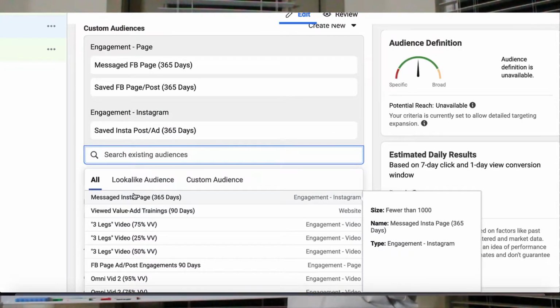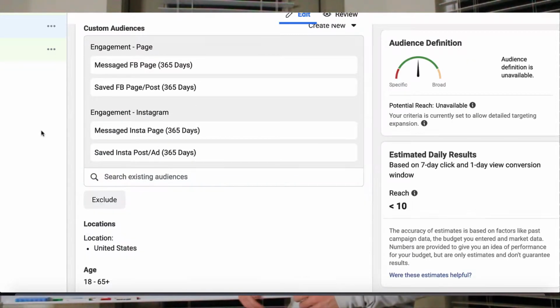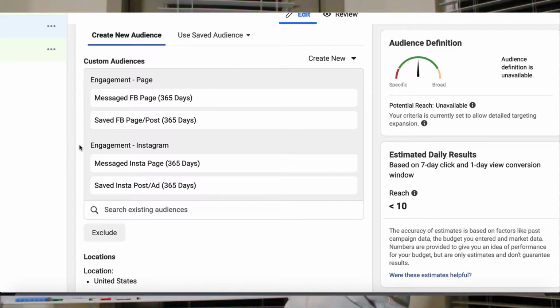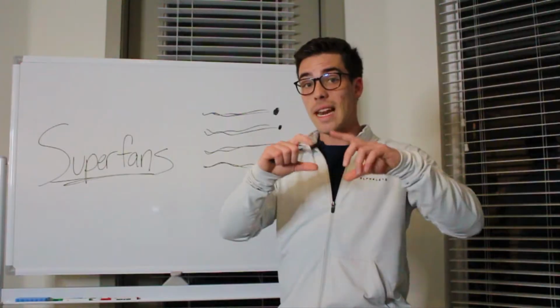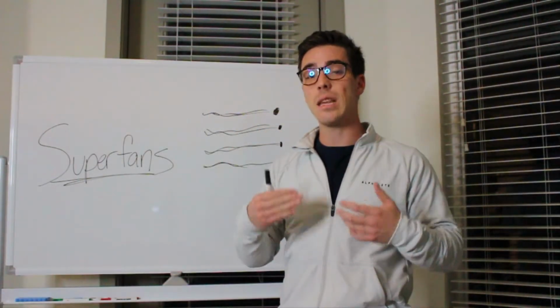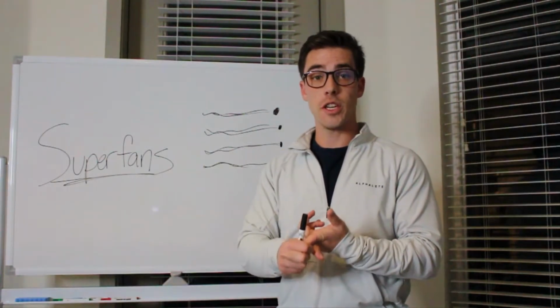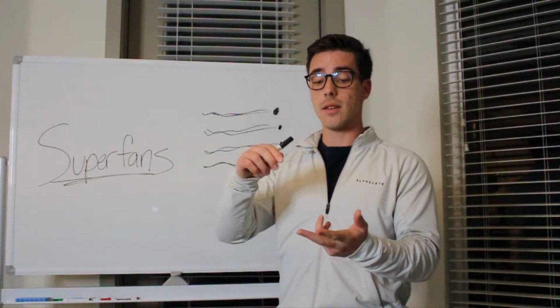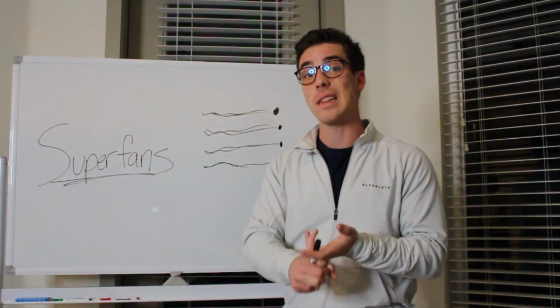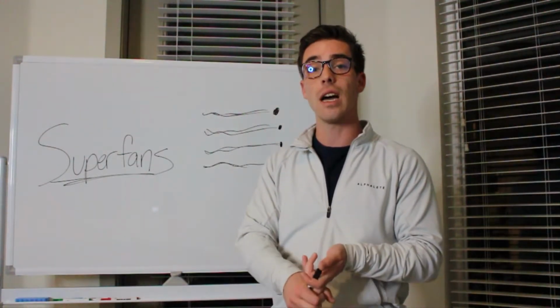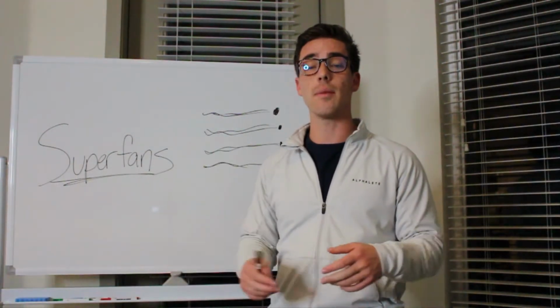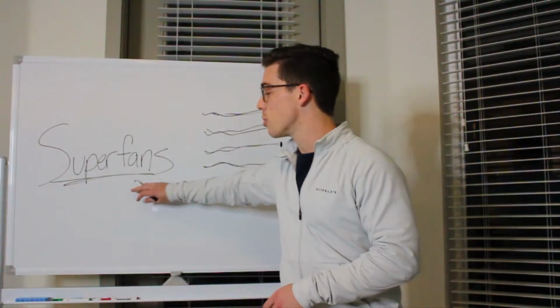And it's going to be a small audience usually, but people who meet any of that criteria, like you see on my screen here, are likely people who are very interested in your offer and have been probably listening to you for an extended period of time. But this is how you target your super fans.